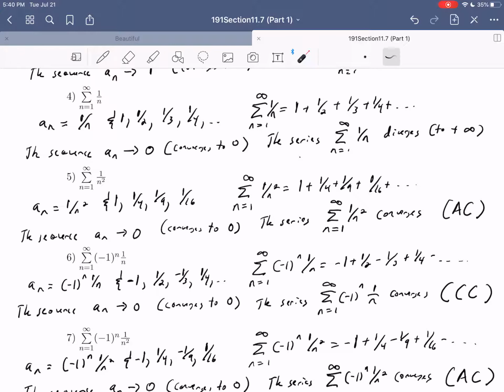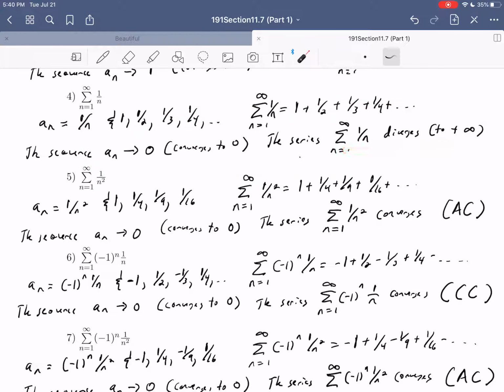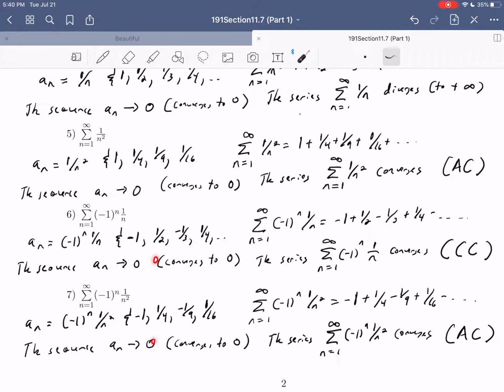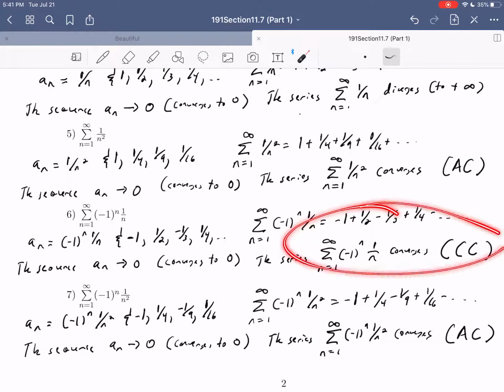That's because it's a necessary condition for the sequence to go to 0 for the series to converge, but it is not sufficient. Just because the sequence goes to 0 does not necessarily mean that the series converges. We saw 1 where the sequence went to 0, but the series diverged, and then we saw 3 where the sequence went to 0, but the series had some behavior of convergence, either absolute or conditional convergence.